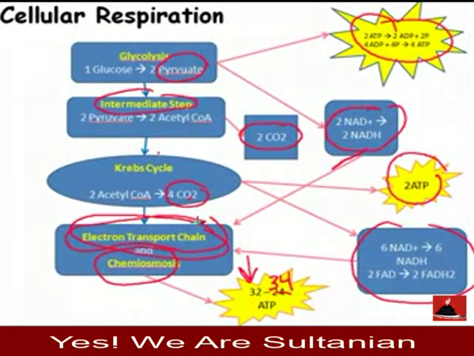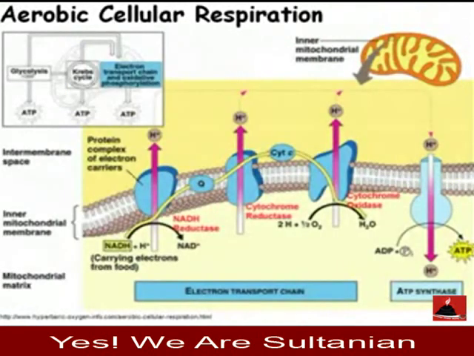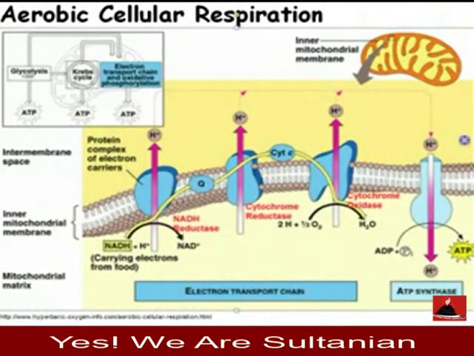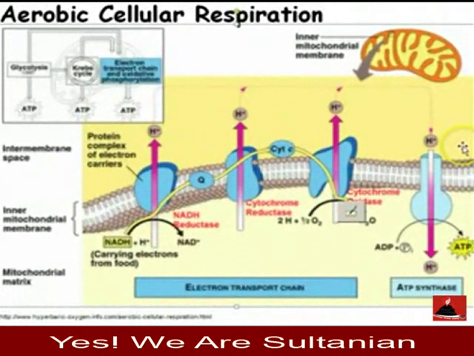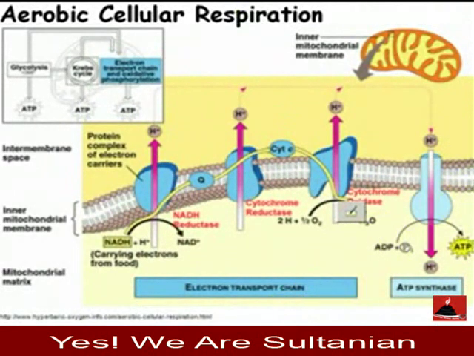So let's go to the next slide, and we're going to look at the electron transport chain in a little more detail. This slide shows a membrane, and in particular, it's the inner membrane of the mitochondria. So this is a eukaryotic cell. If this was a prokaryotic cell, such as an archaea or a bacteria, this membrane would actually be the cell membrane.